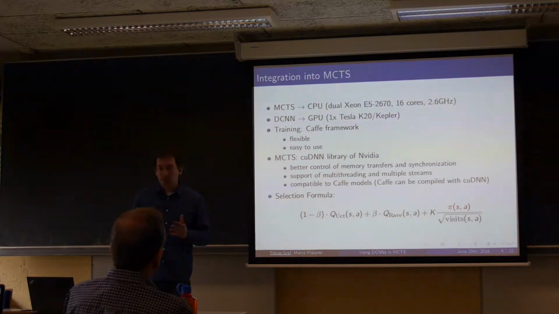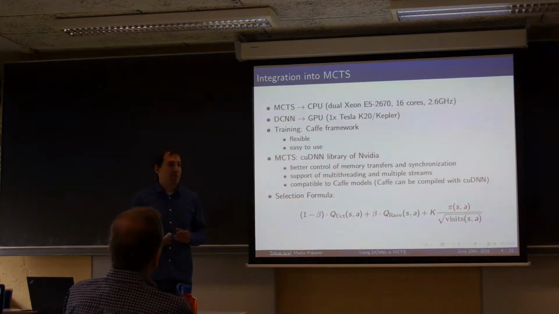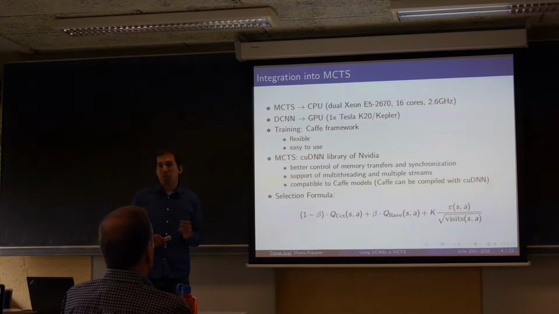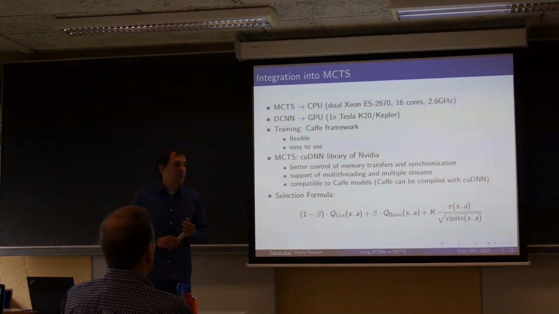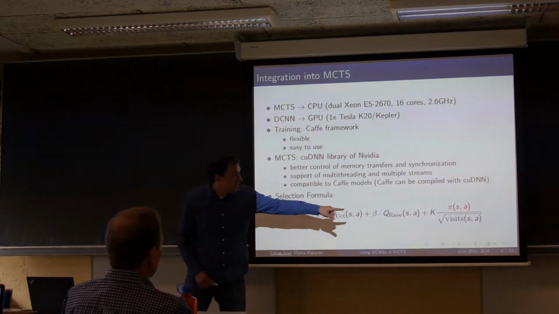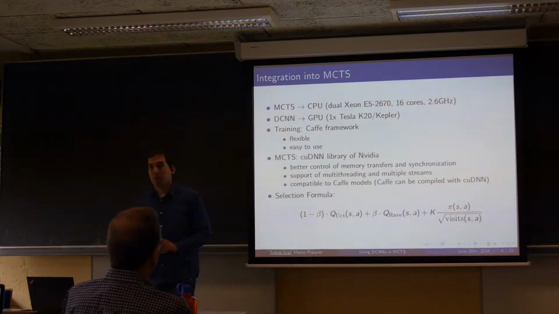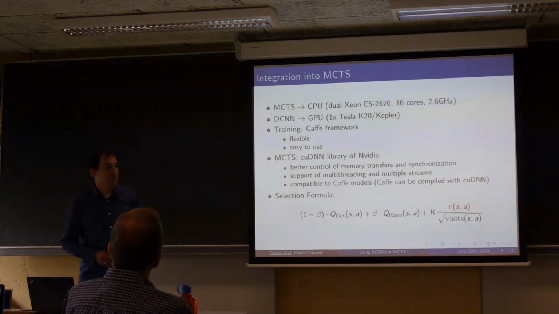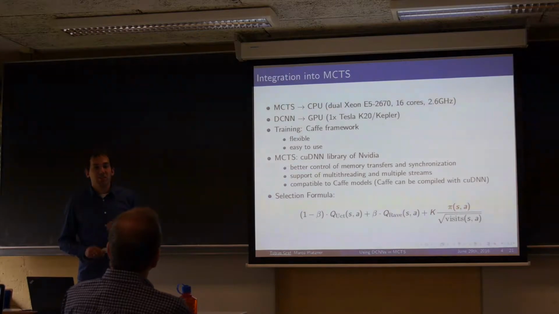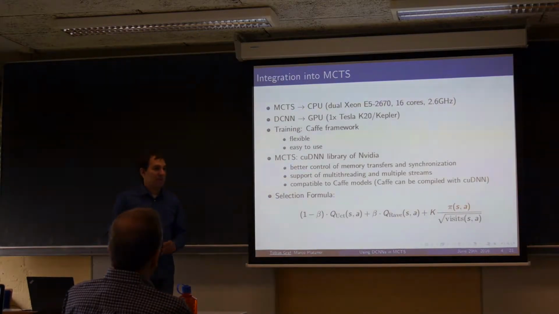And this knowledge is decreased by the number of visits of this move. This is a quite common formula which you find in many other programs. Sometimes you see a linear decrease in the visits, but it turns out that if you decrease it a little bit slower, by the square root, it's much better.